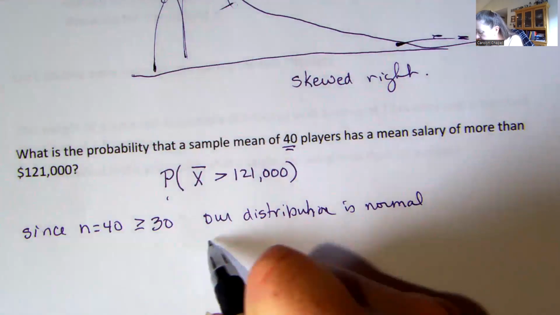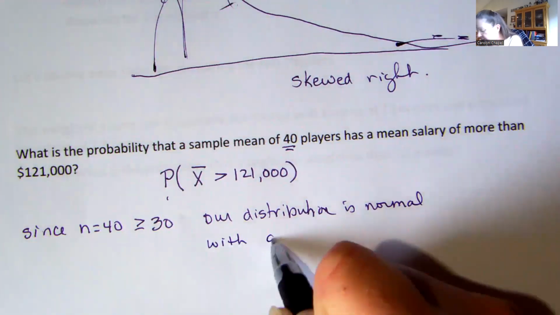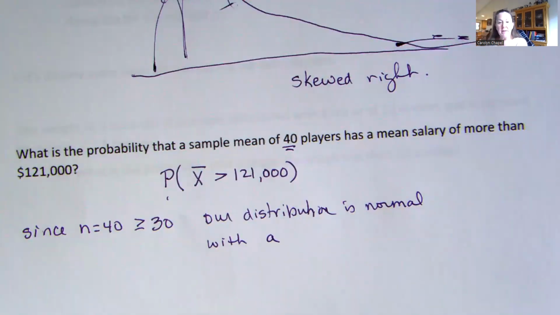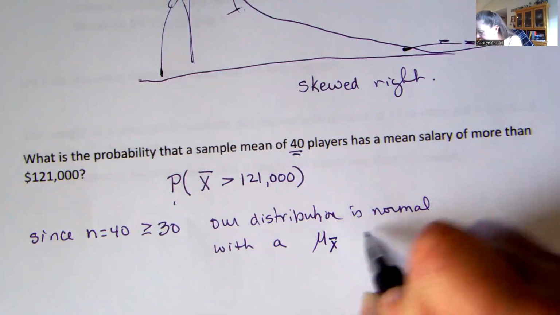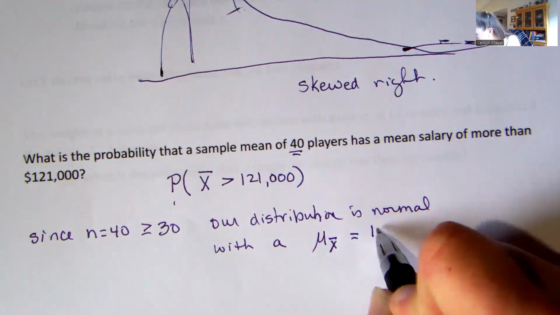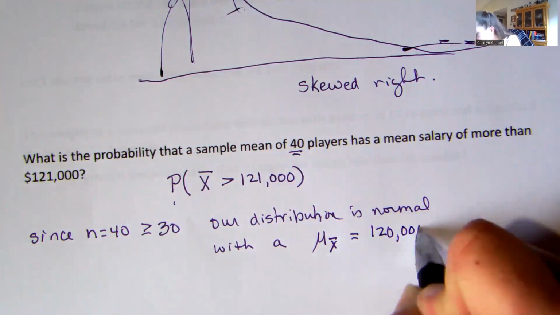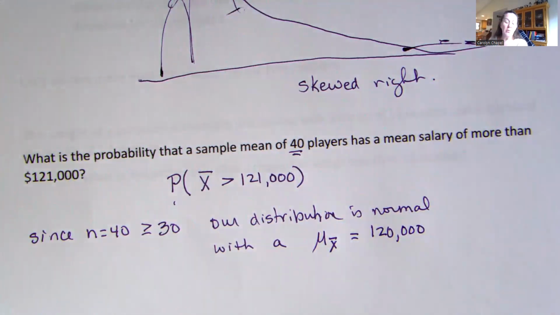And we also know that the mean is going to be the same as the mean of the original data. So the mu of X bar is still going to be that $120,000.